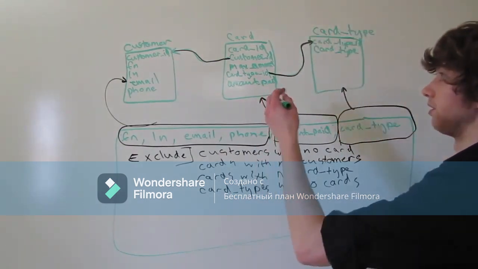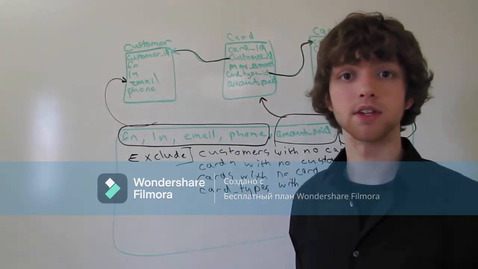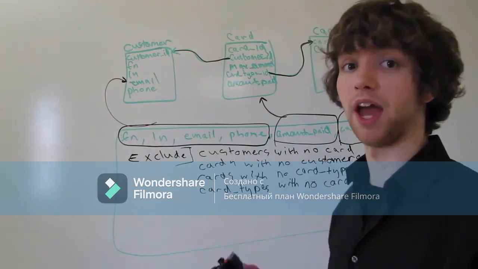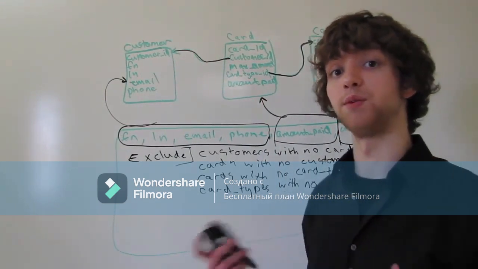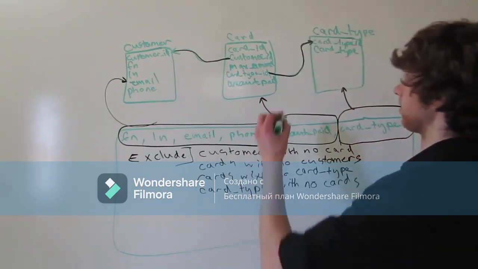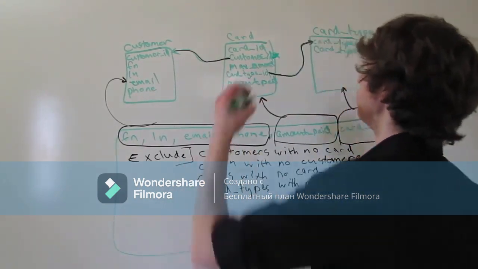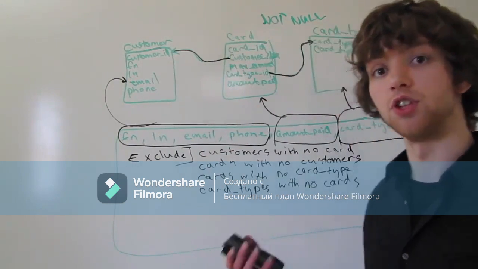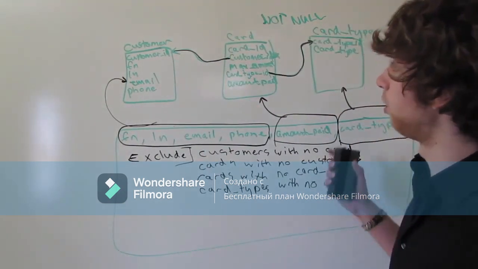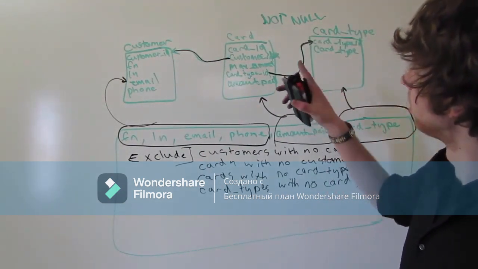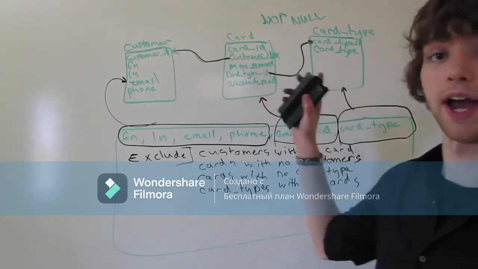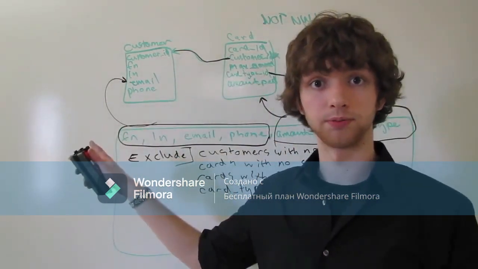We also have a card table, and the way we have it set up, the card doesn't necessarily have to have a customer. If you want to change that, you could take this customer ID right here and make it not null. That is going to change the end result, because now every single card is going to have a customer.